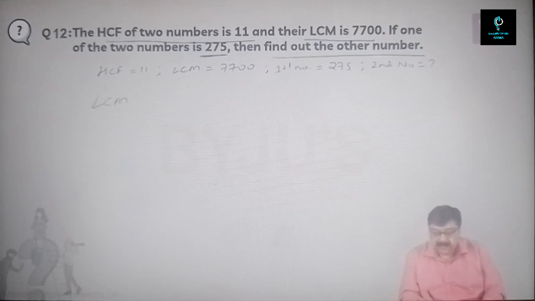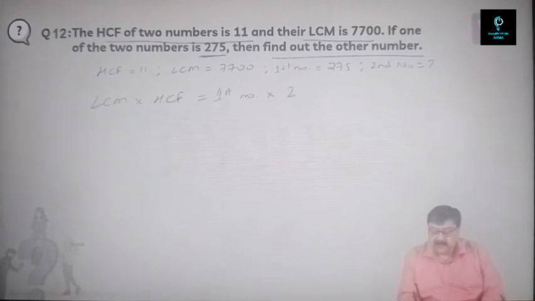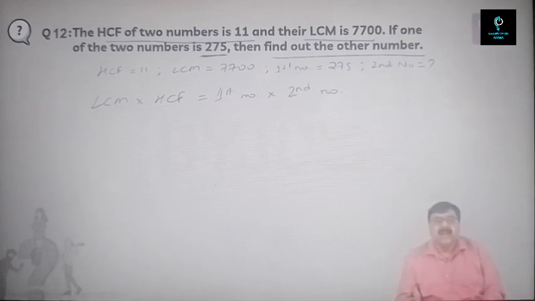So LCM into HCF equals the first number into the second number. You can also name them as A into B or X into Y, whichever way you're comfortable. So LCM is given to us as 7700, HCF is given to us as 11, and the first number is given to us as 275, and we have to find out the second number.